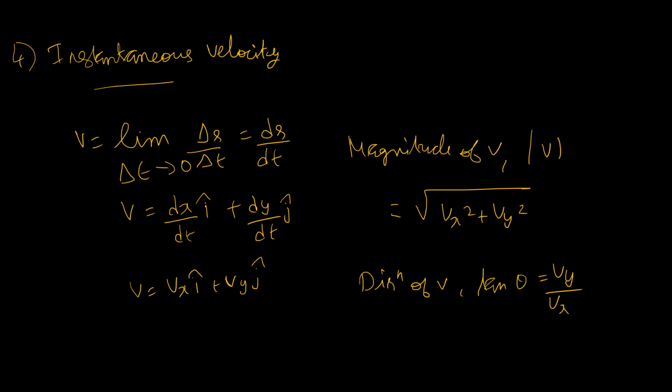The next one is acceleration vector. Fifth one, acceleration vector. It is defined as the rate of change of velocity. The first one we need to know is average acceleration.